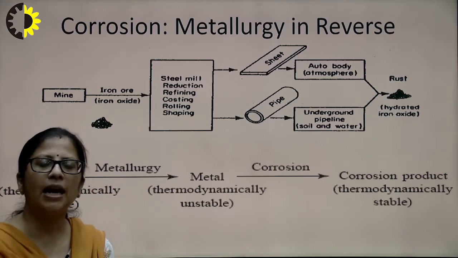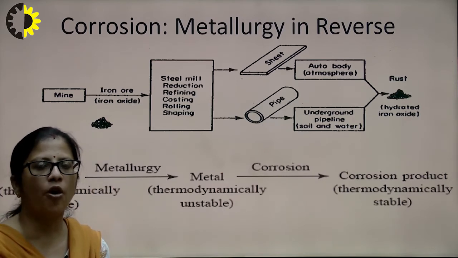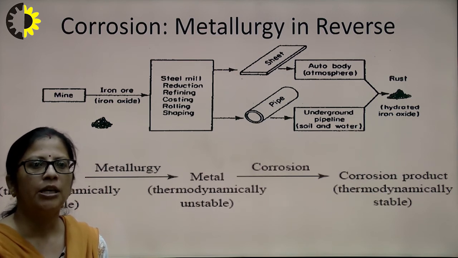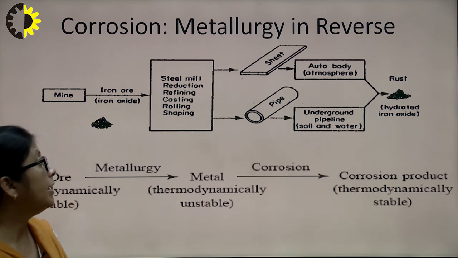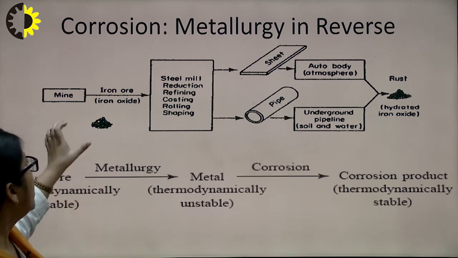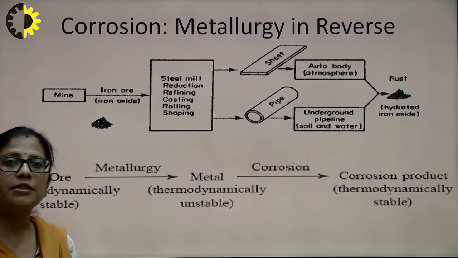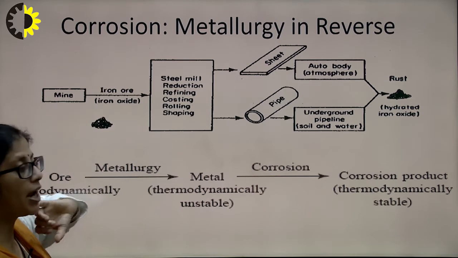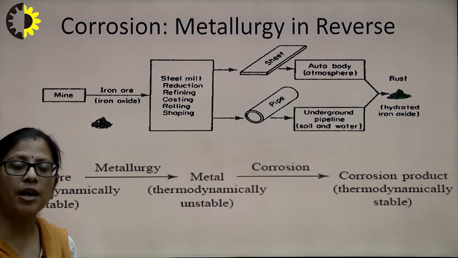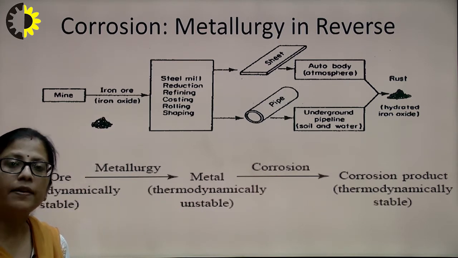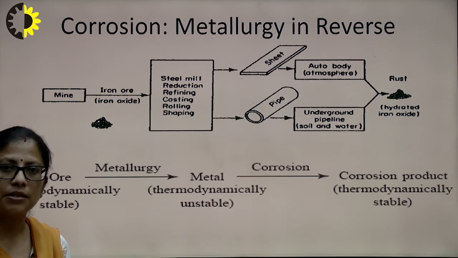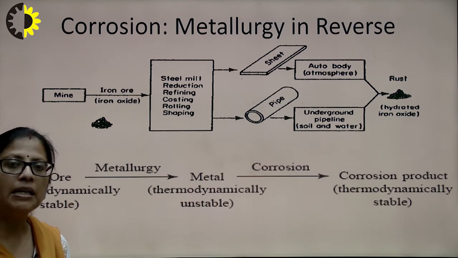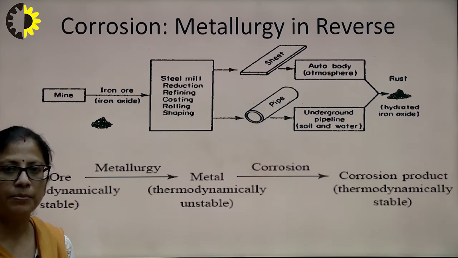Now, how can we say that the process is the reverse of metallurgy? Any metal which is present in the earth or in the mines, suppose we are extracting iron metal, is not present in the free state. In the ore, the metal is present in the combined form.